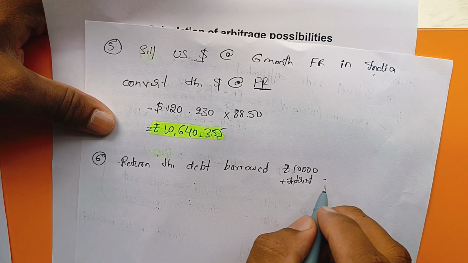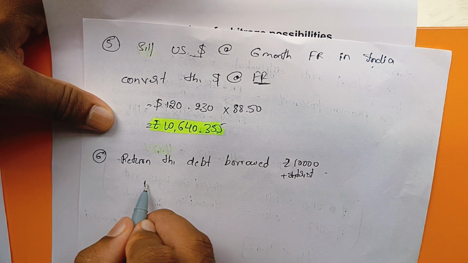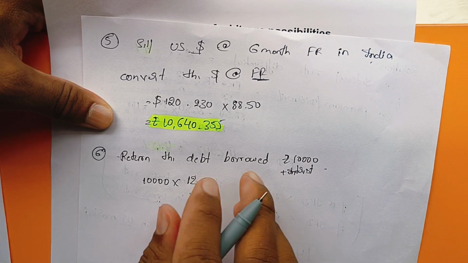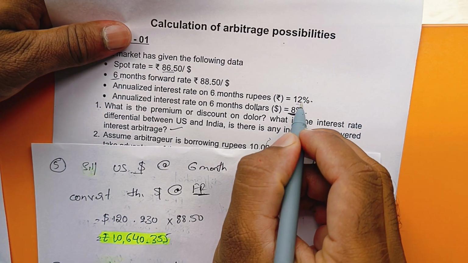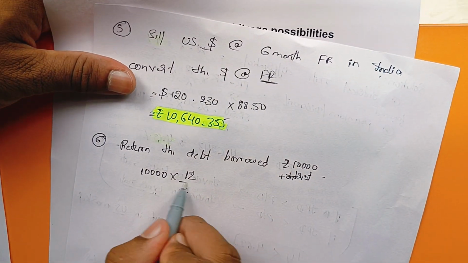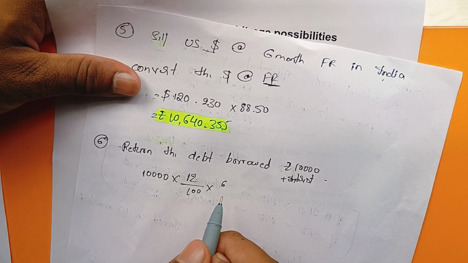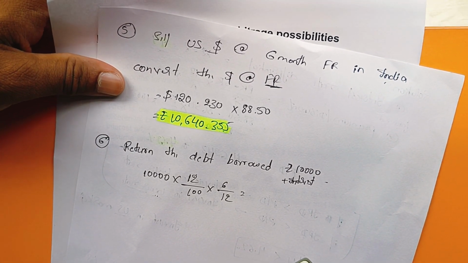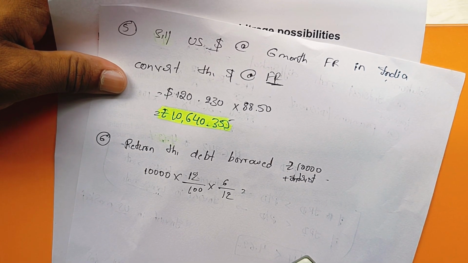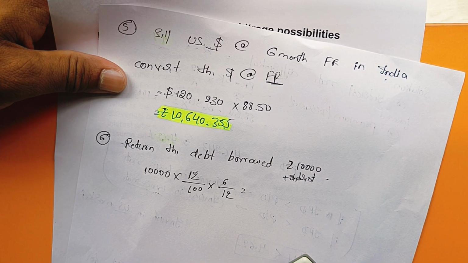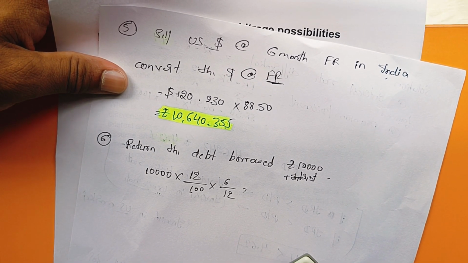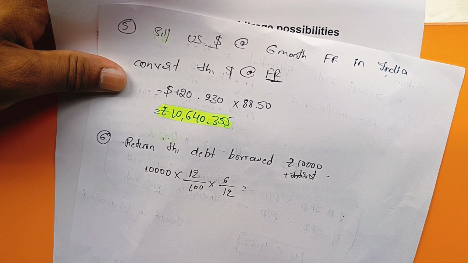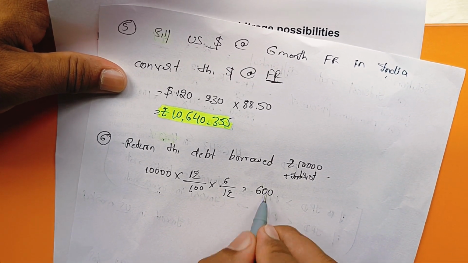How much was the interest? 10,000 into 12%, that was the interest rate here, don't get confused, divided by 100 into how many months? For 6 months. How much will you get? 10,000 into 12 by 100 into 6 divided by 12, we are going to get 600.